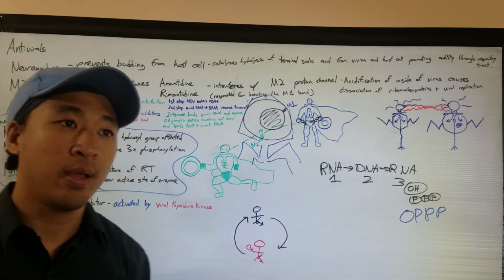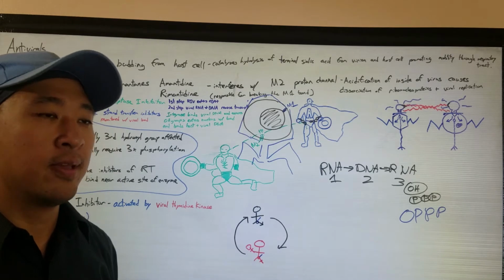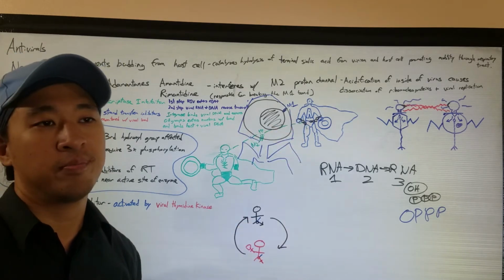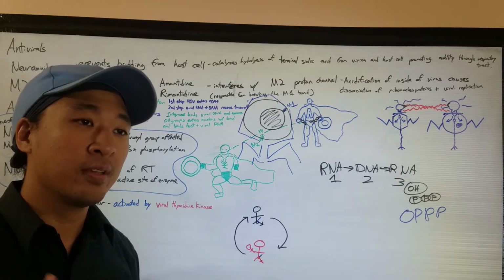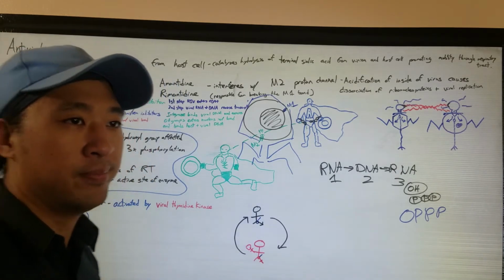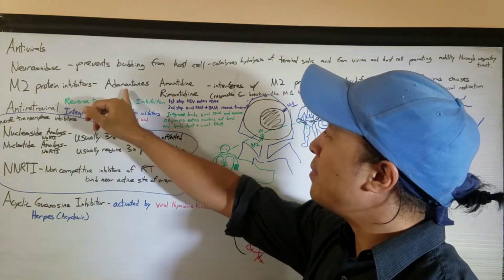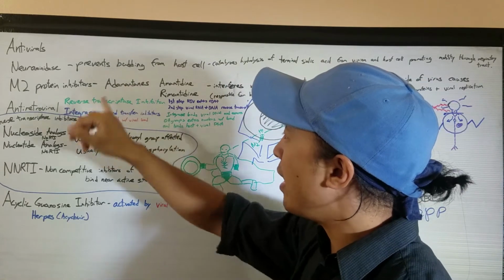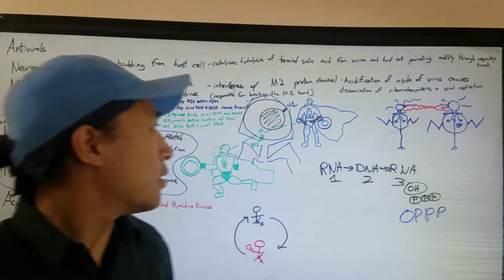Well, we have some superheroes over here, and this guy has a big A on his shirt. That's because his secret identity is actually known as Adam. So we use Adam to remember that it's adamantane, adamantanes. That's the class of the drugs right here. Now let's take another look.